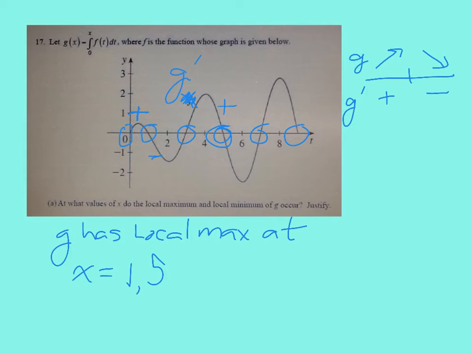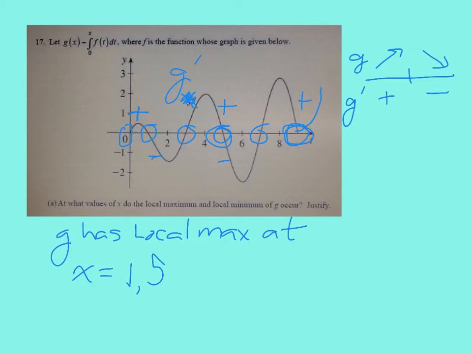because the graph goes from positive to negative. And that's all we know. We can't say 9 because it's positive here, but now we're done. We don't know if this graph turns back up or something else is happening here. So we can't say it actually has a local max at 9.